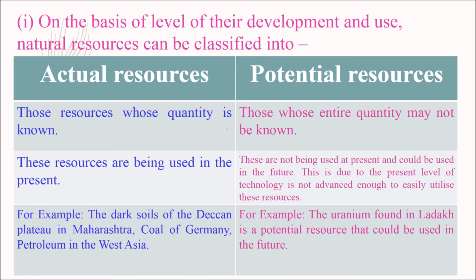So what is meant by actual resources? Actual resources are those resources whose quantity is known, whereas potential resources are those resources whose entire quantity may not be known. Actual resources are being used in the present, whereas potential resources are not being used at present and could be used in the future.